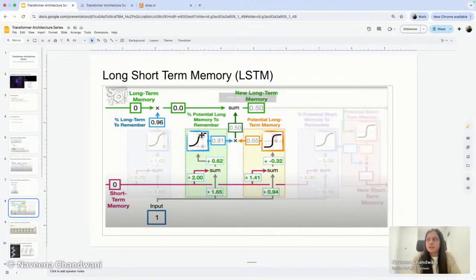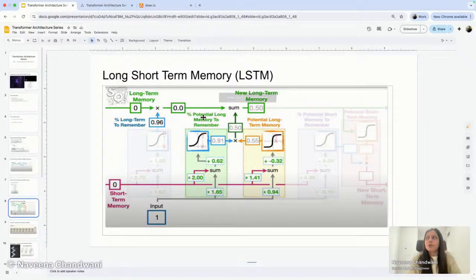And then for the short term memory, you again have certain weights and biases and an activation function. In this case, again, it's the sigmoidal, and it will generate a percentage or fraction of this term here. So what is happening here? Using the tanh function, we generate some output, and that is going to be your potential long-term memory.